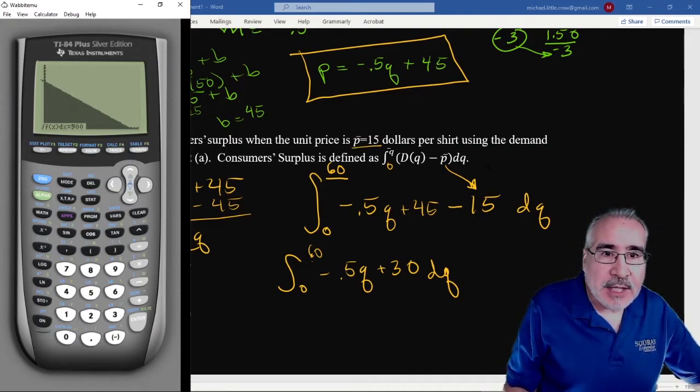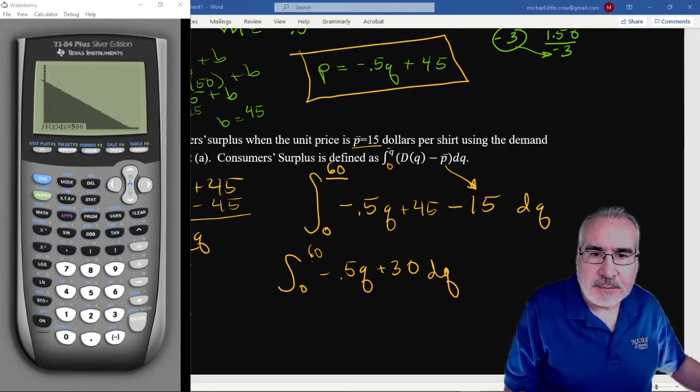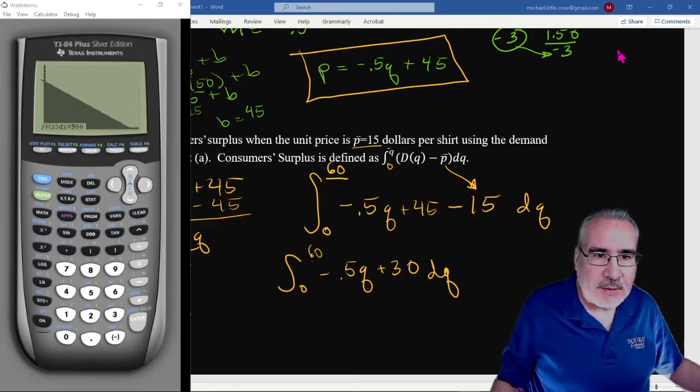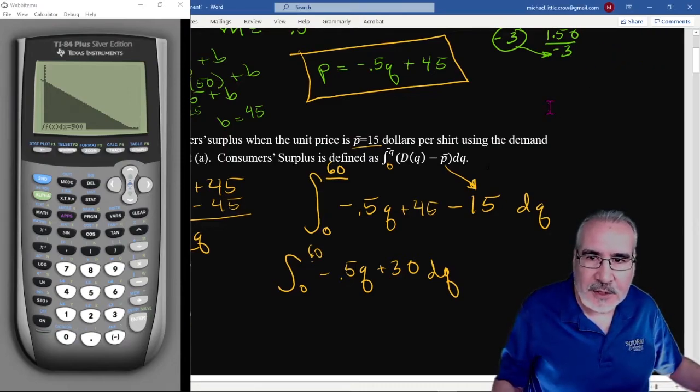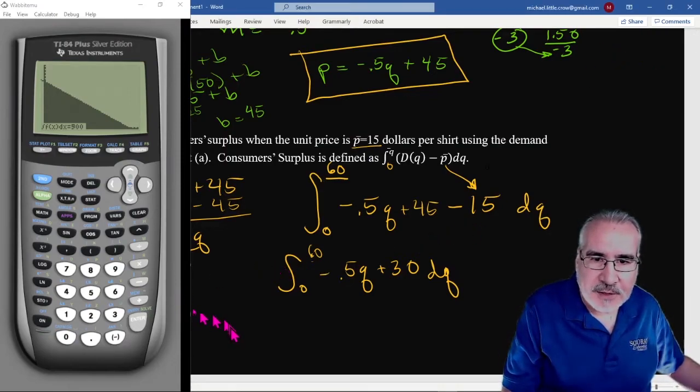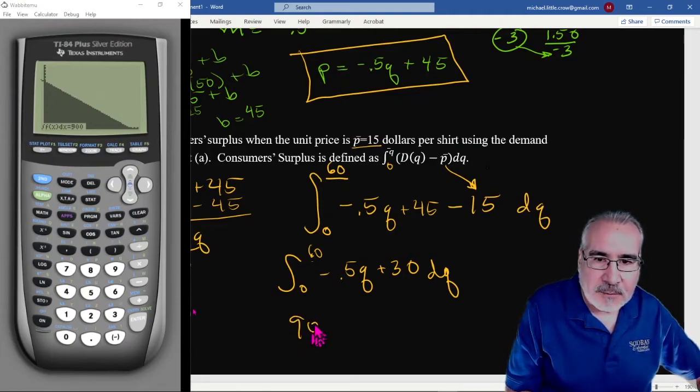So 900. 900 is our surplus. There's my pointer. Let's see if I can get this. A consumer surplus, right?